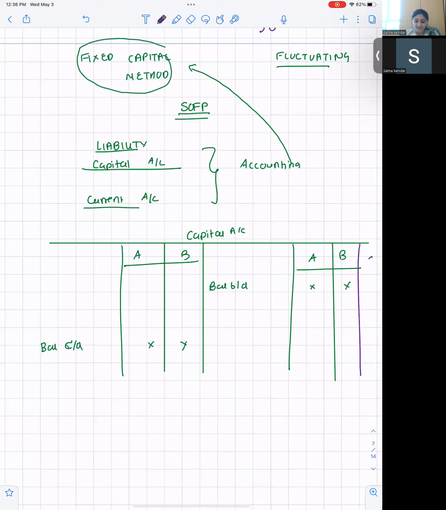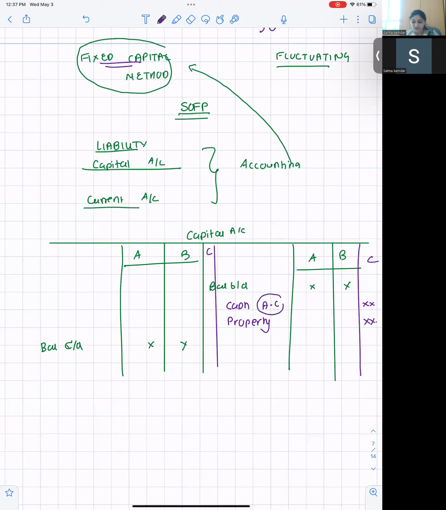If I am bringing in a new partner in my firm, the capital will change because of the additional capital which the new partner may bring in cash, or the new partner may bring assets as additional capital. So, number one, the capital account balances may change because of additional capital.